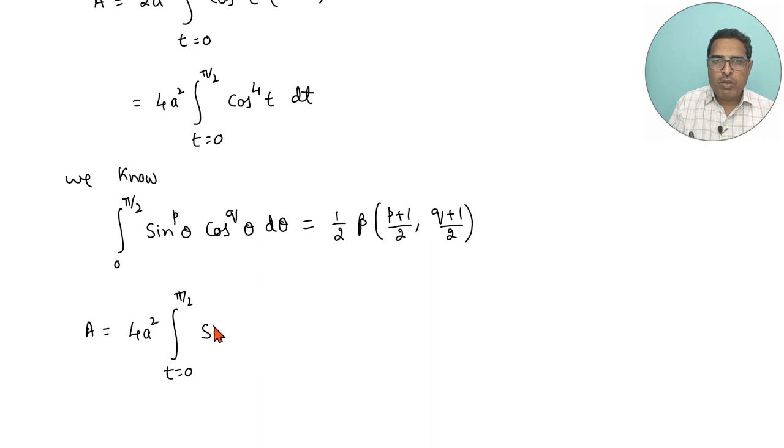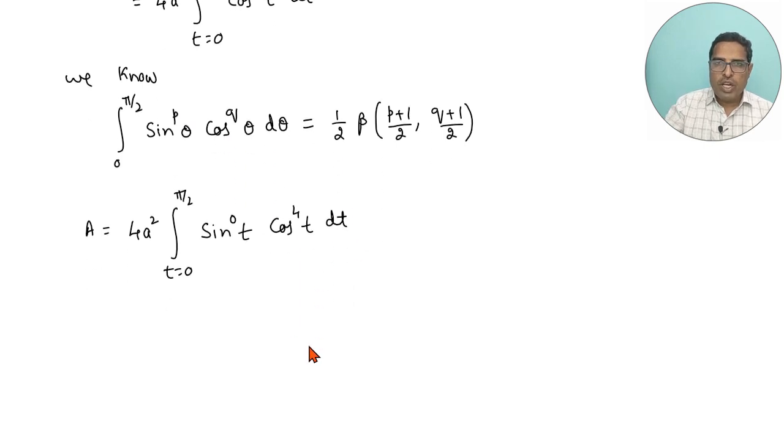Since there is no sine over here, can I write this as sine power 0 of t? Theta is not there, t is there, accordingly I can write it as t. Sine power 0 of t will be 1 itself. Anything to the power of 0 will be 1. So I am just introducing that into this cos power 4 t dt. Here in place of theta we have t, so that will not affect the integral.